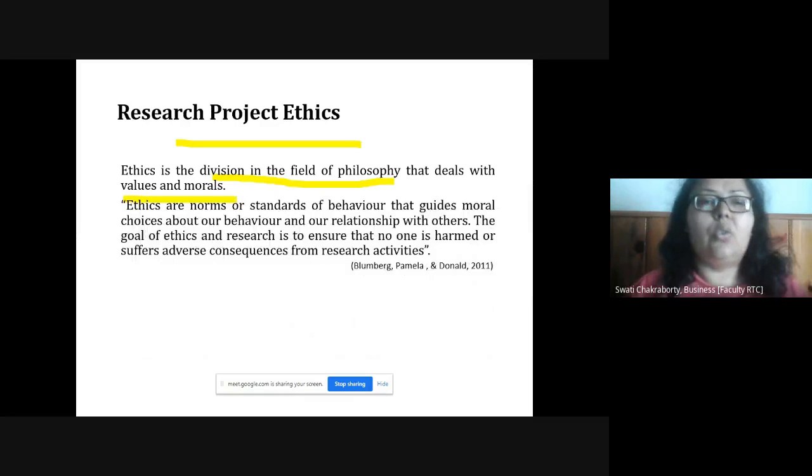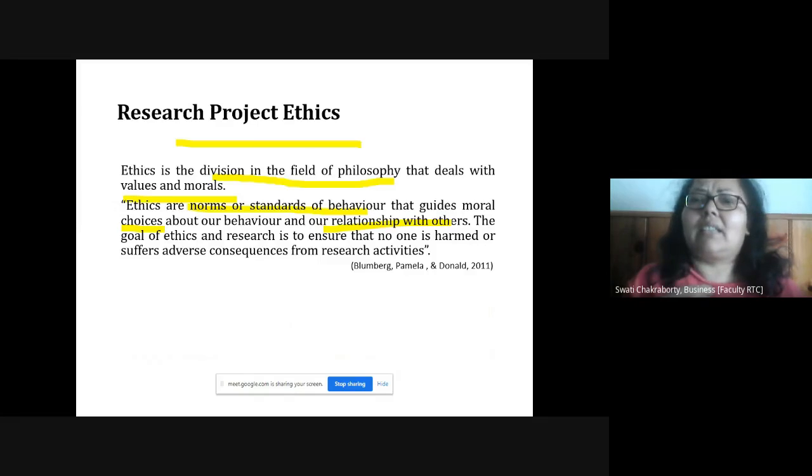Ethics are norms or standards of behavior that help in making decisions with regard to our moral choices and our relationship with others. When people ask what your morals are, what do you think about it? What we think is right and what we think is wrong depends on our ethics.